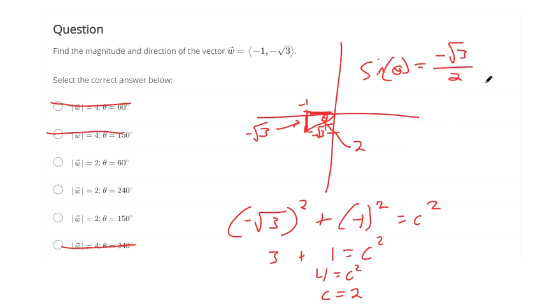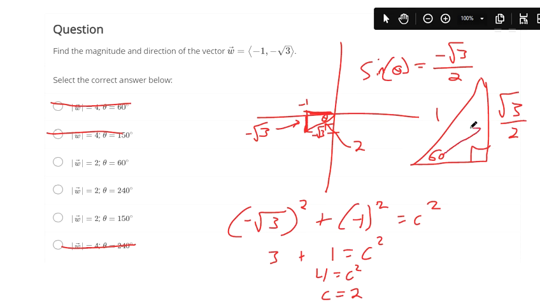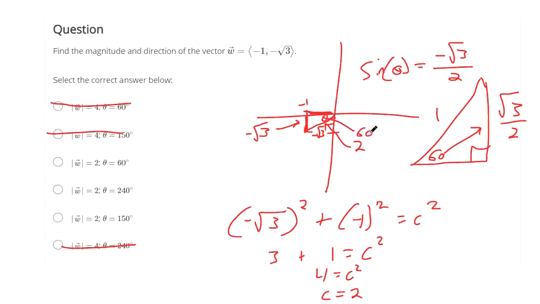To have square root of 3 over 2 to be one of our sides, we know that square root of 3 over 2 always corresponds with 60 degrees for an angle. So in order to make the opposite divided by the hypotenuse be square root of 3 over 2, the angle needs to be 60. So this theta in here, the reference angle, is 60.